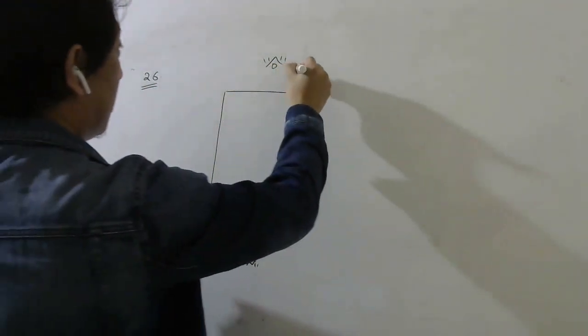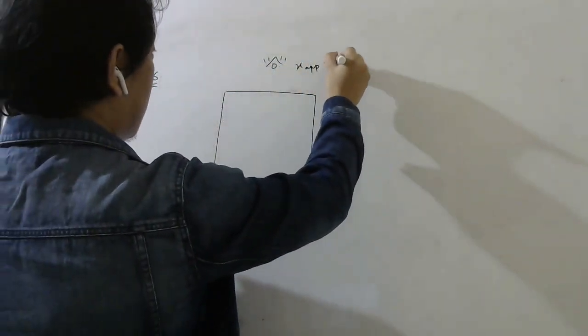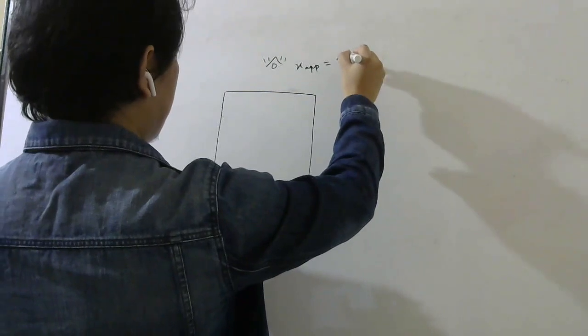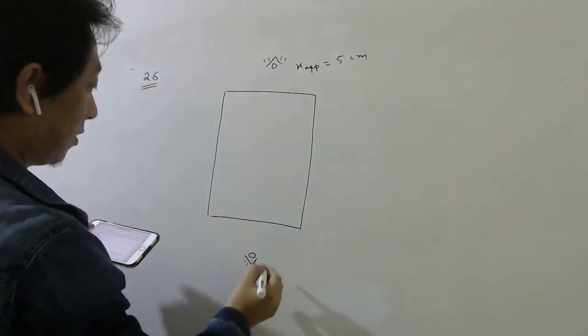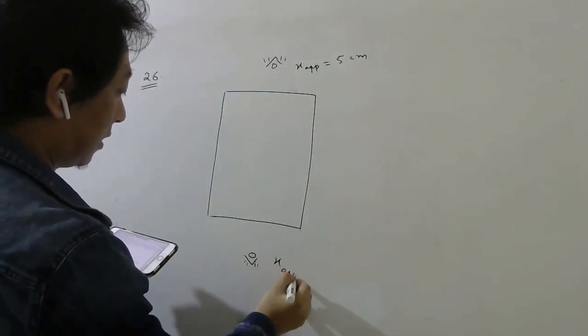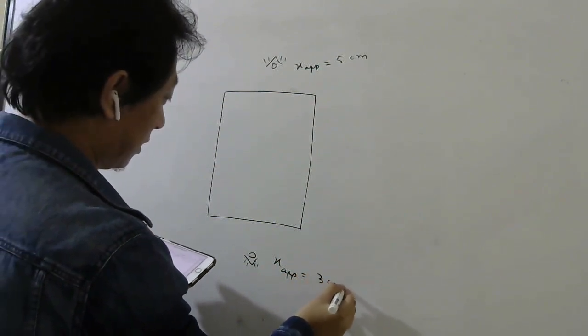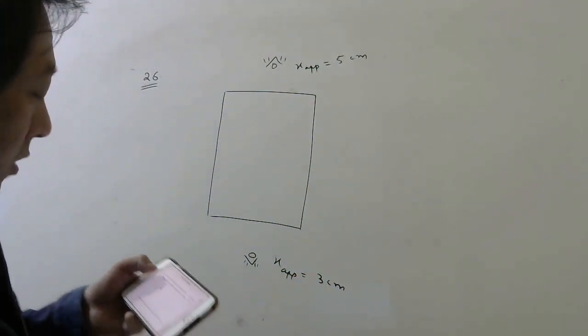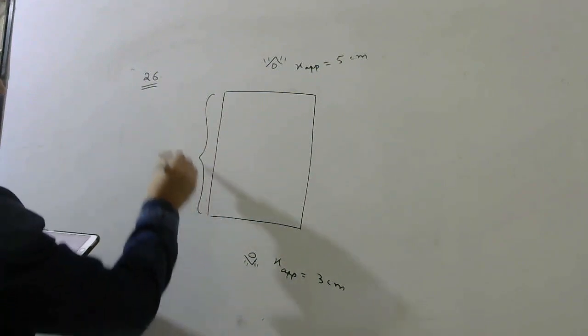So from this side your apparent distance is 5 centimeter, and when seen from this side your apparent distance is 3 centimeter. What is the thickness of the glass slab?